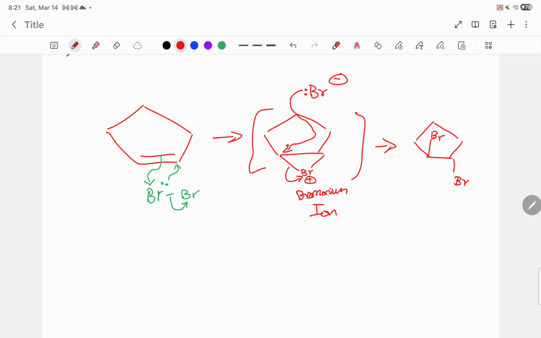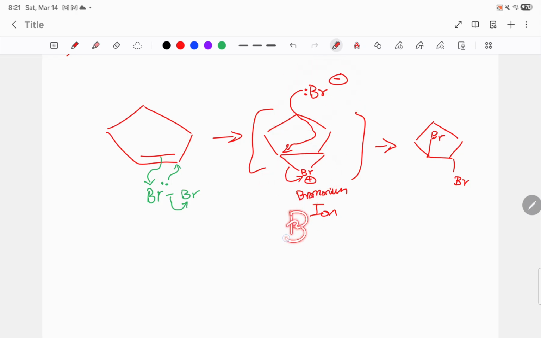The reason why this one is pointing up is because he attacked from the top face. Remember, this alkene is sp2 hybridized, and sp2 hybridized carbons have this flat geometry. So imagine this guy is attacking on top of a flat surface, and this one is at the bottom of that flat surface. Now, you might be saying, why does he have to attack from the top and not from the bottom?